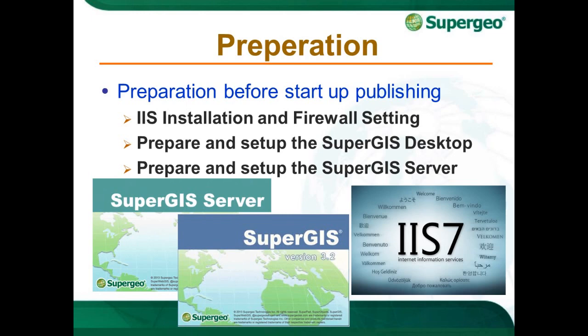Then you have to prepare and set up SuperGIS Desktop, which allows you to design and add in all the data you want and design the geoprocess. You also have to prepare and set up SuperGIS Server to publish your geoprocessing, which provides a very easy-to-use management tool that allows you to publish your service with the geoprocessing.